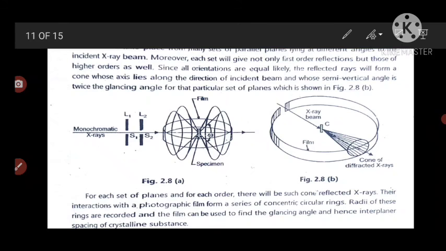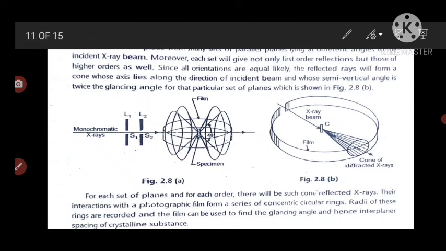Reflection will take place from many sets of parallel planes lying at different angles to the incident X-ray beam. Each set gives not only first order reflection but those of higher order as well.